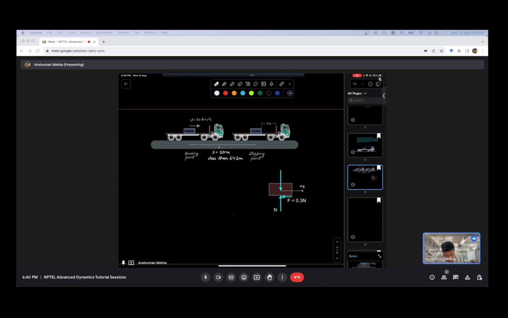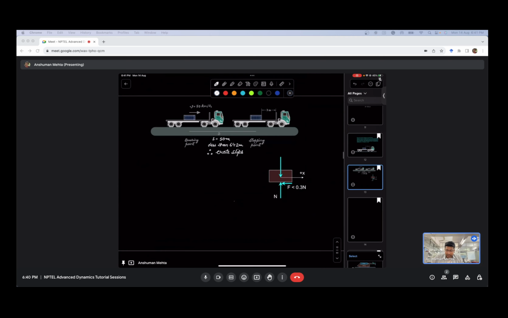Okay, so therefore we can say that the crate is slipping, because that's the limit. If it is longer than this, then there will be less deceleration, but here the deceleration is more, which means it breaks the limit, hence the crate slips.